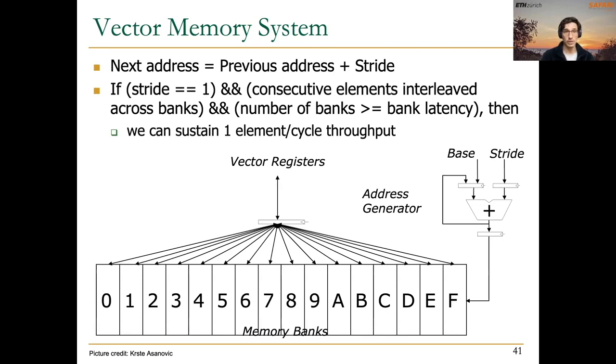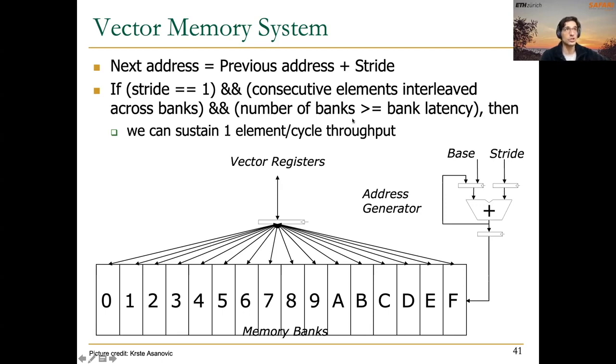In this case, by the way, we are considering stride 1, as I said before, the simplest case. We assume here that stride is equal to 1, that consecutive elements are interleaved across banks. And also another important thing is that the number of banks is greater than the bank latency. If this happens, we will be able to sustain 1 element per cycle throughput.